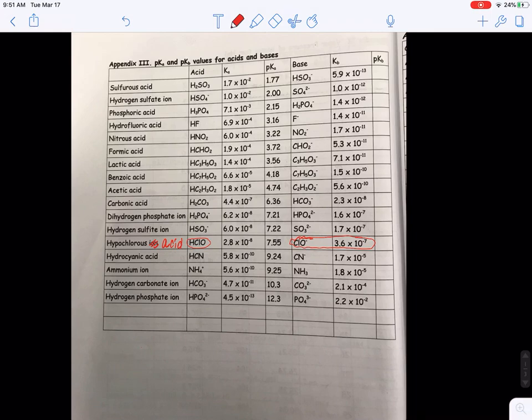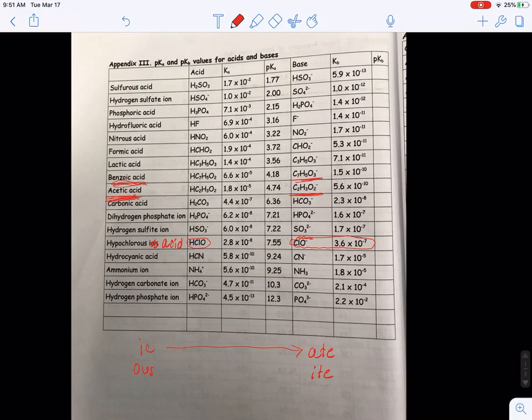If your acid ends in ic, the ion is going to end in ate. If your acid ends in ous, the ion is going to end in ite. Okay? Let's look at that. So benzoic acid up here, this would be called benzoate. Okay. Acetic acid is right here. This would be acetate.